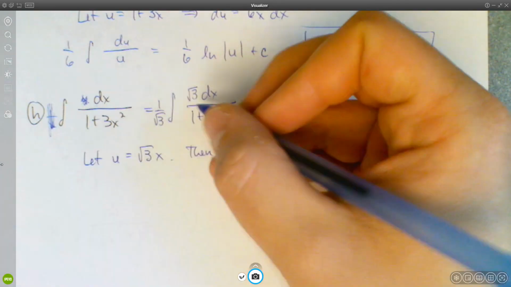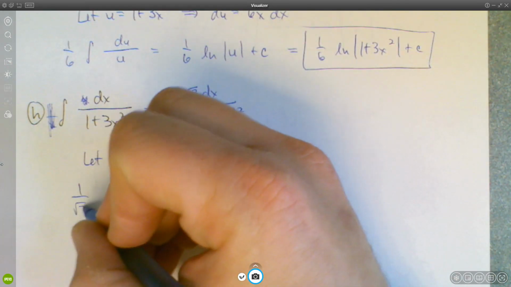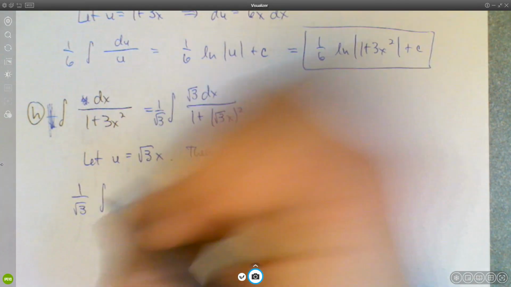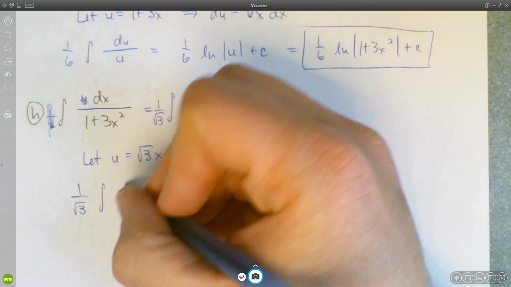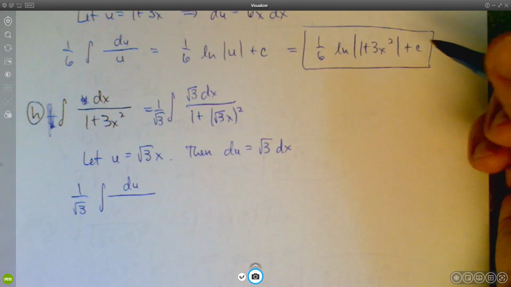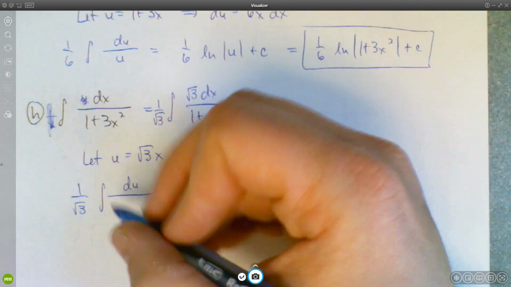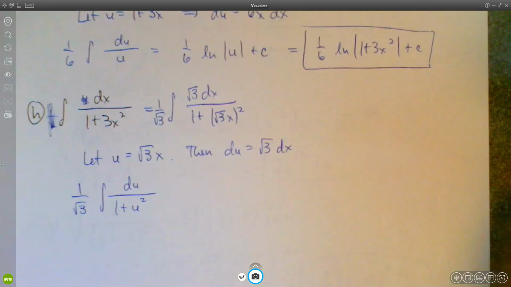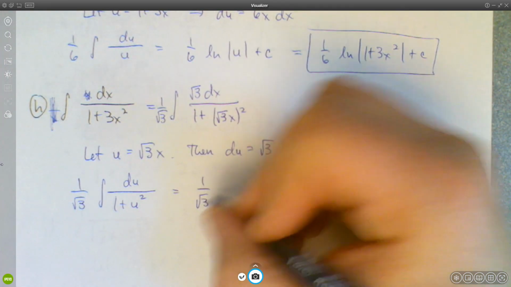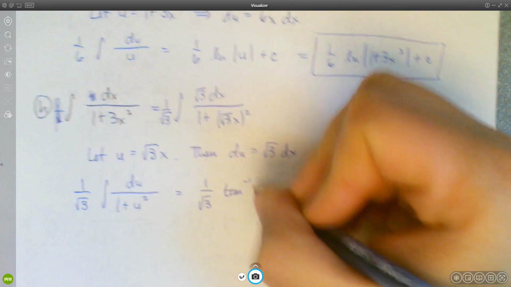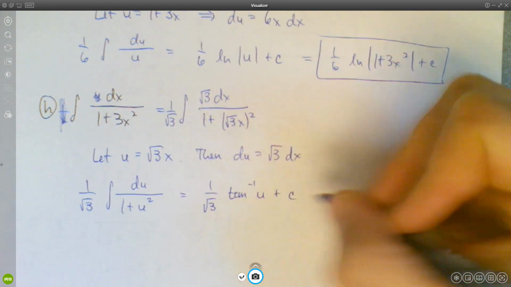And so this integral becomes 1 over root 3 times the integral of du over 1 plus u squared. And there you have it, right? So this is 1 over root 3 times tangent inverse of u plus c.